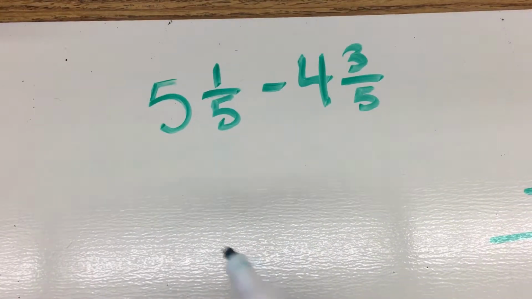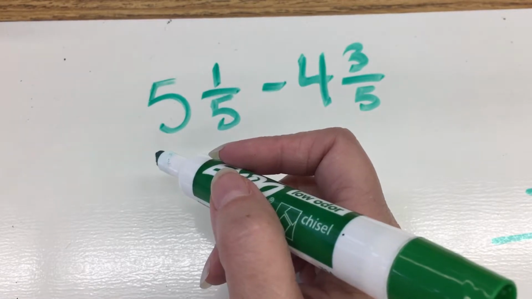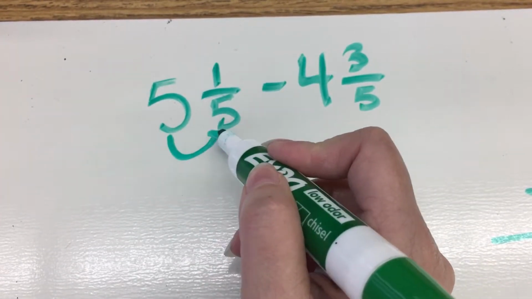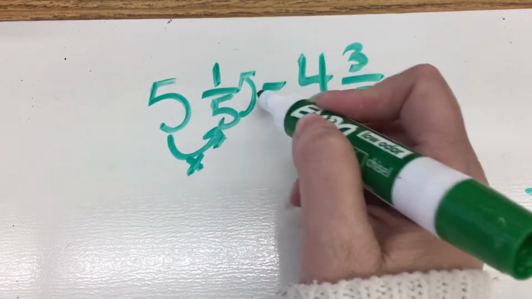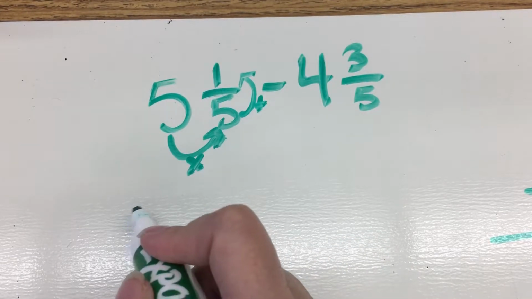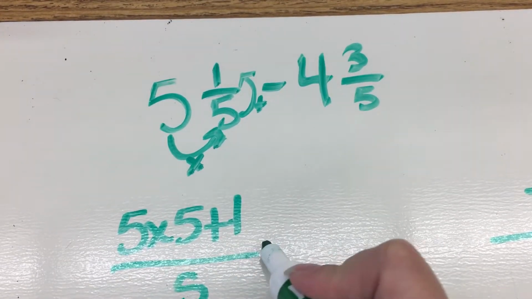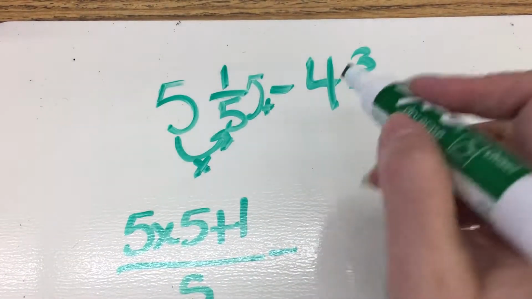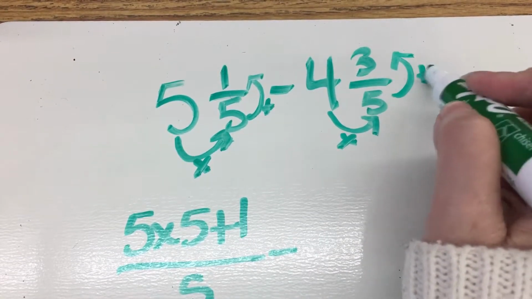The other way we could do it is to turn these mixed numbers into improper fractions. And we would do 5 times 5 plus 1 all over 5 minus, a little more room over here, 4 times 5 plus 3.